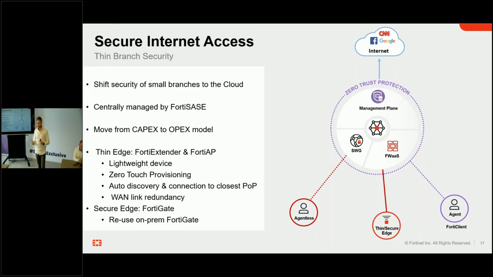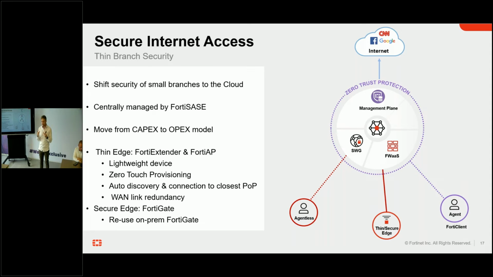Certain models of the FortiAP family will also be added to be able to provide this internet access via those single devices. This means that I could install, for example, a FortiExtender on a thin branch, as a small branch, maybe a shop behind my ISP router.